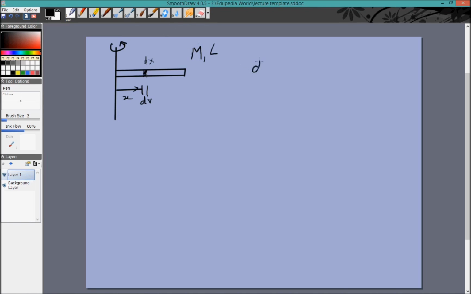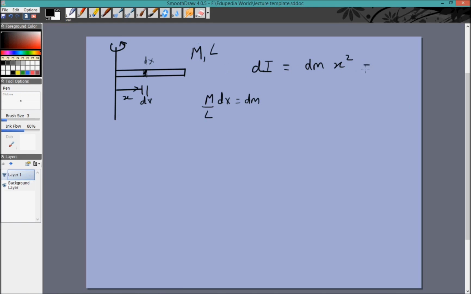So dI, which will be the differential moment of inertia of this small element, will be dm times x squared. For dm, we need to calculate the mass per unit length, which is m by L. That is the mass per unit length. So m by L into dx will be dm, right? The mass of this object.